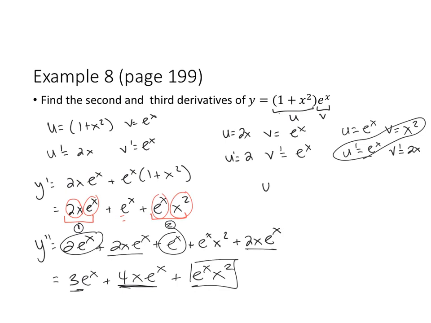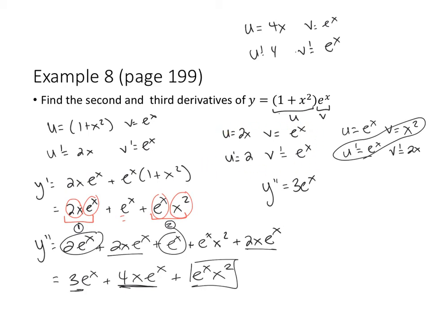So my third derivative is the derivative of 3e to the x, which is 3e to the x, plus the derivative of 4x e to the x, again a u and a v. So u is 4x, v is e to the x, u prime is 4, and v prime is e to the x. Hopefully you notice that this is extremely similar to the second derivative that we did over here.